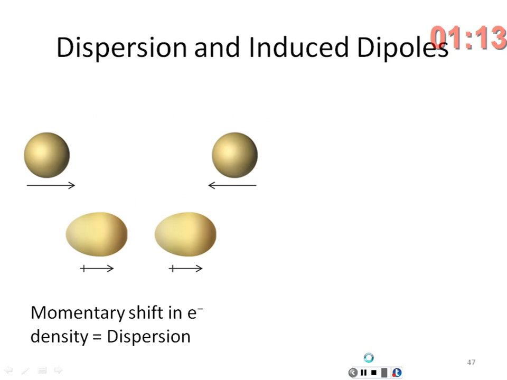So if we look at a system where we have two nonpolar molecules and they come together, there can be an interaction where their electron clouds shift and create a momentary dipole.